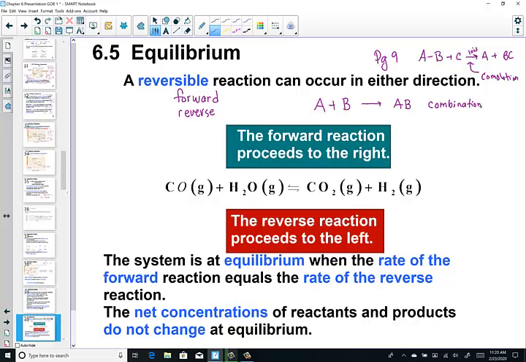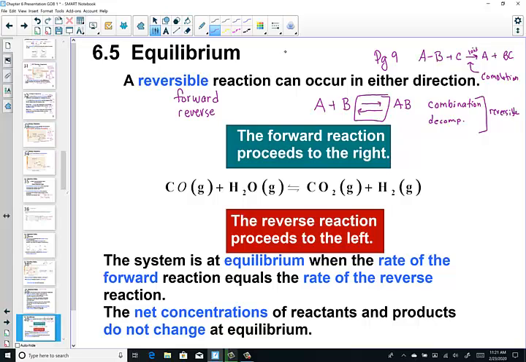And we learned that the opposite of that was the decomposition, where AB breaks down into its elements again, A plus B. That we said combinations and decomps are the opposites of each other. Well, oftentimes these are reversible reactions, and we use a double-headed arrow to show reversible reactions.